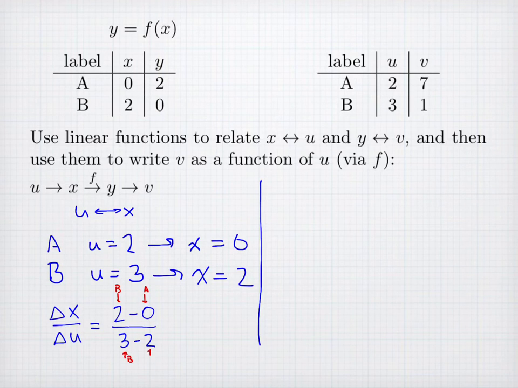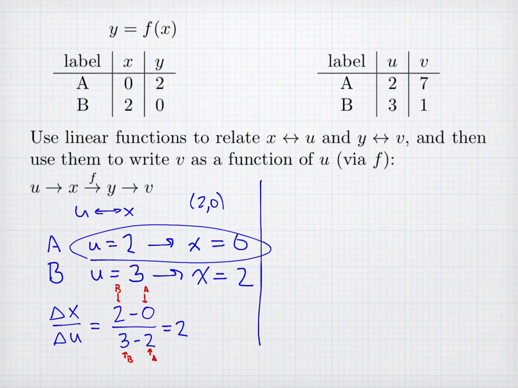B and A. So my slope is 2, and I have a point. My point, I can use (2, 0).